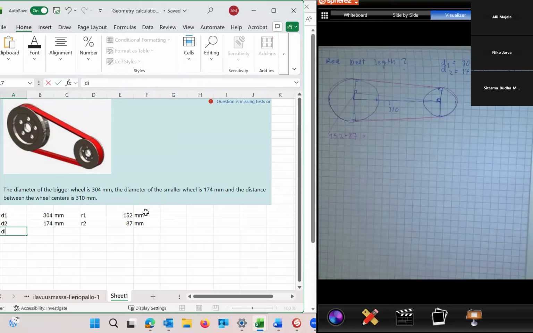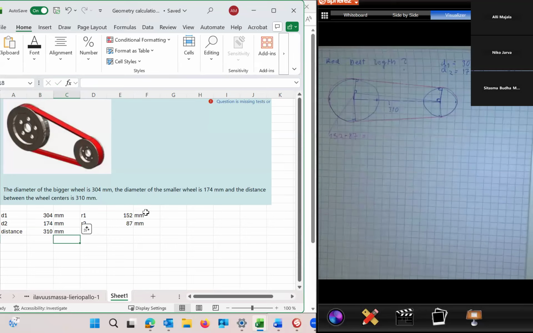I can write it as distance. For example, that was 310, which is millimeters.